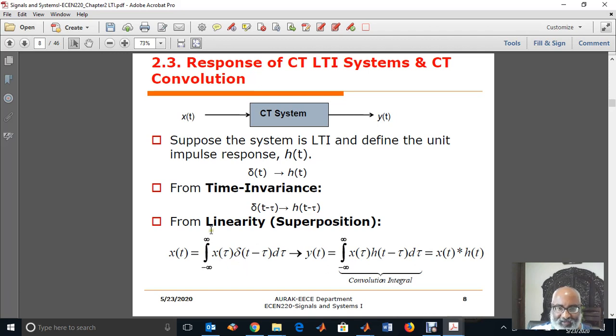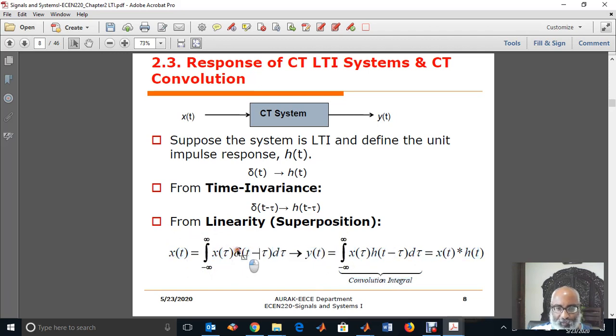Again, due to linearity, if I do integration for the input, the output will have the same integration. So for the input x of t, which is mathematically represented by this, the output is the integral from minus infinity to infinity of x tau h of t minus tau d tau. What is the difference between the input equation and the output?